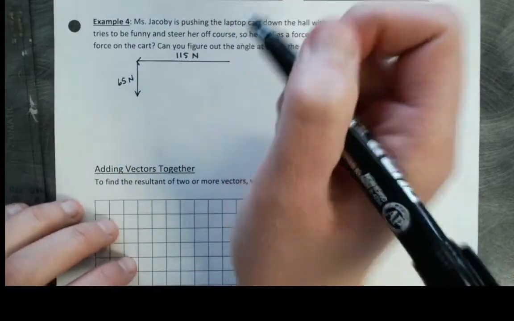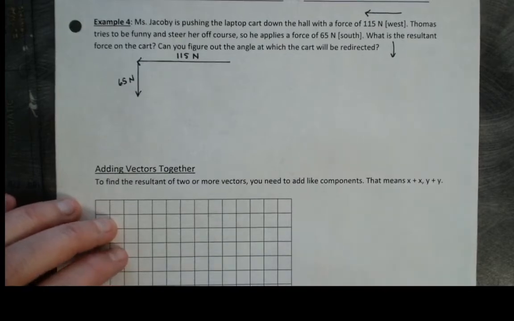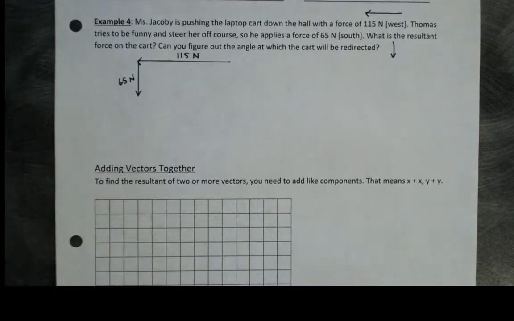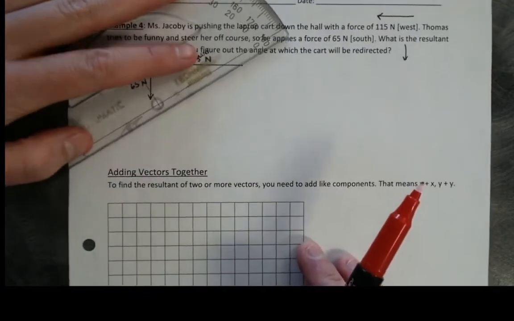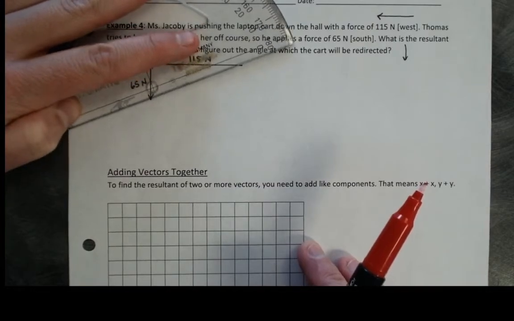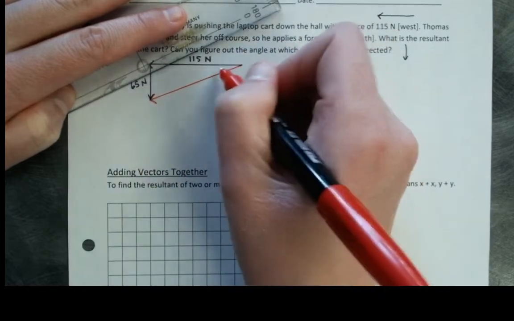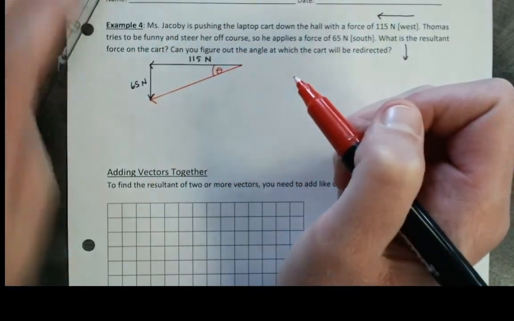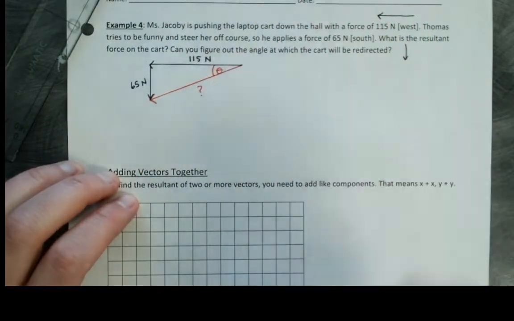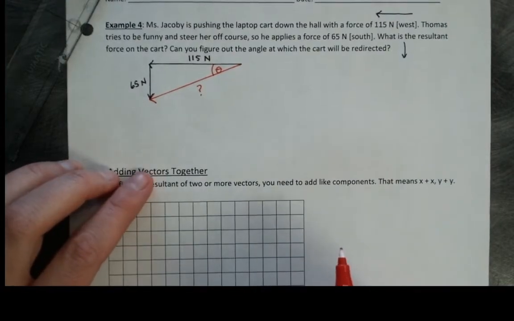That means that we are trying to find the other side of our triangle, so we're trying to find this number and that angle. That's what we're saying when we're saying resultant. We're looking for the answer, or the third side of the triangle.